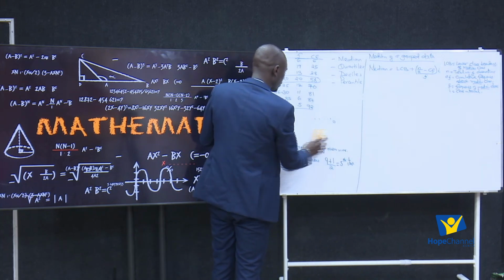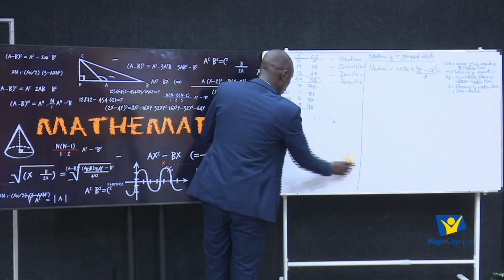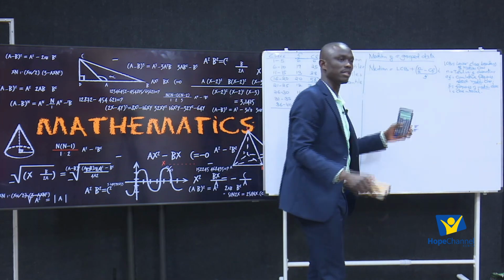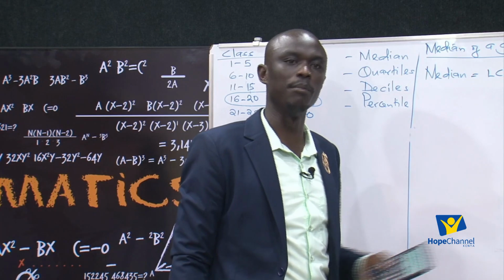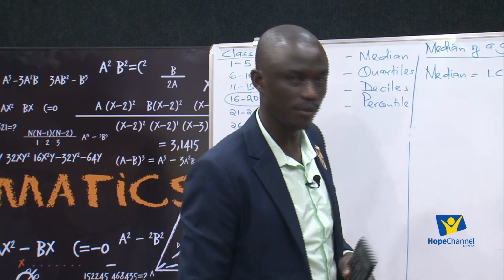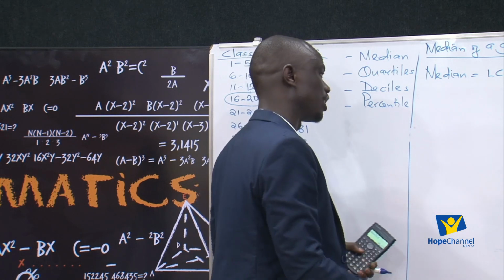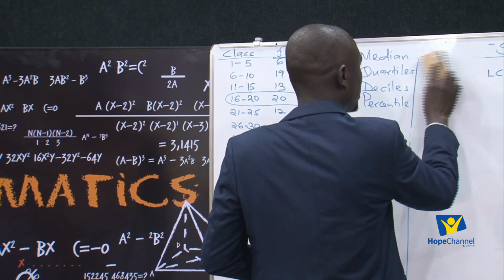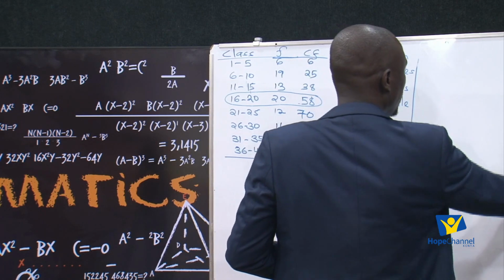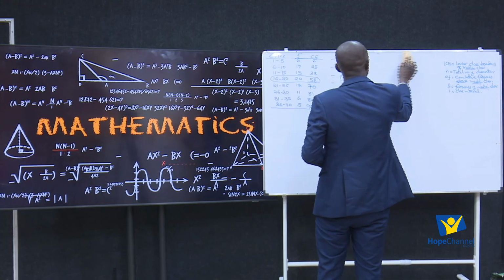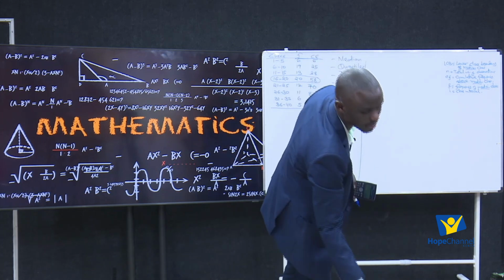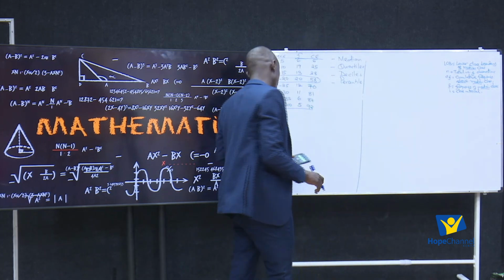The concept of quartiles is very easy once you've understood the concept of median, because the formula for median is the same formula we use for quartiles. The only difference is that a quartile is dividing a set of data into 4 equal parts. But everything else remains the same.